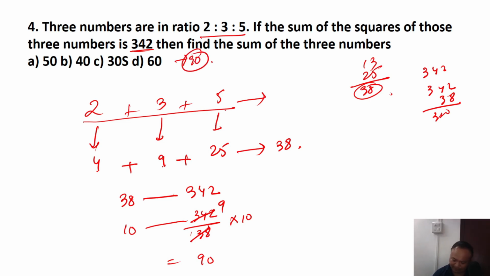Let's check: 2, 3, 5 squares are 4, 9, 25. 4 plus 9 is 13, 13 plus 25 is 38. So 38 units is 342. Divided by 38 it is 9, into 10 is 90. Right, it should be 90.